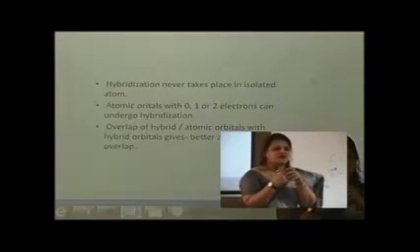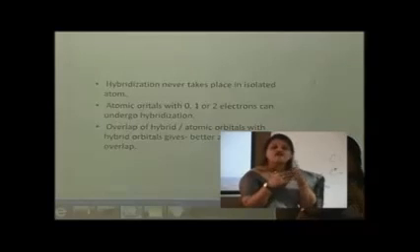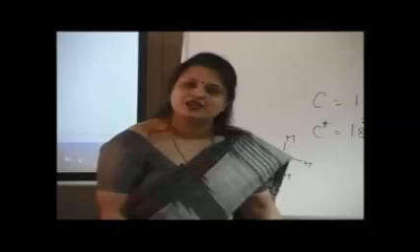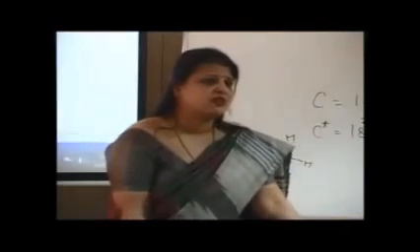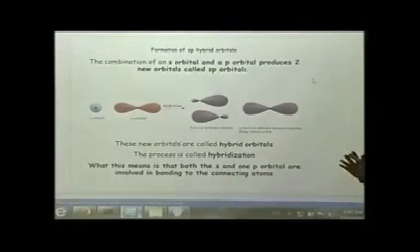And once these hybrid orbitals are formed, they are oriented in space again in order to have minimum repulsion. And the electrons are distributed in all these hybrid orbitals in accordance with the Pauli exclusion principle and Hund's rule. So, this is what I have shown, how an sp hybrid orbital is formed.